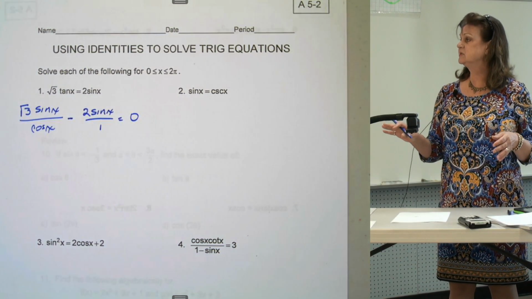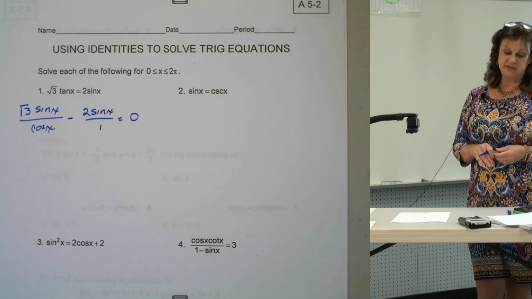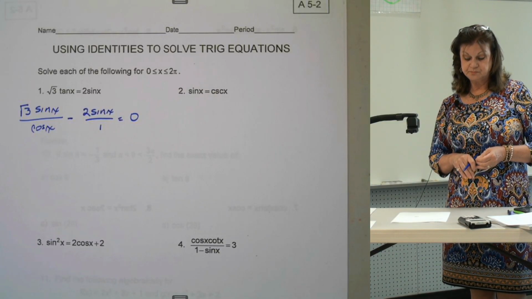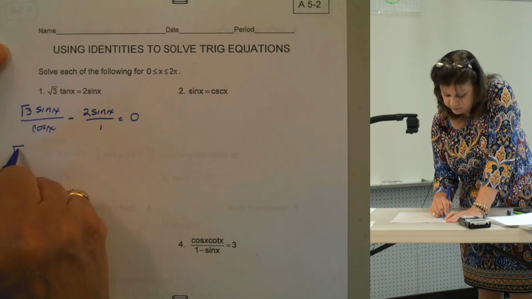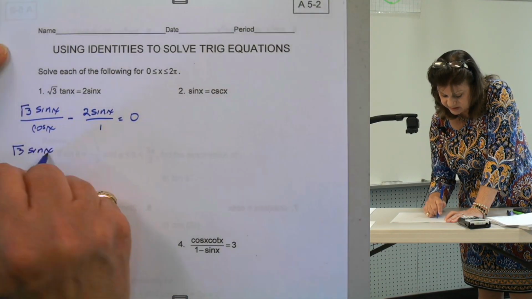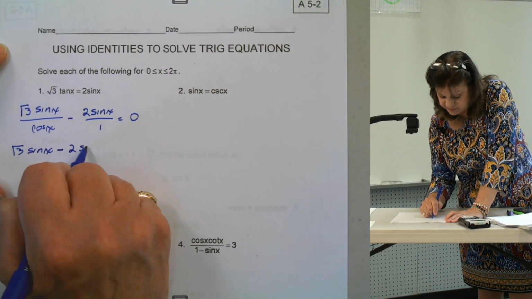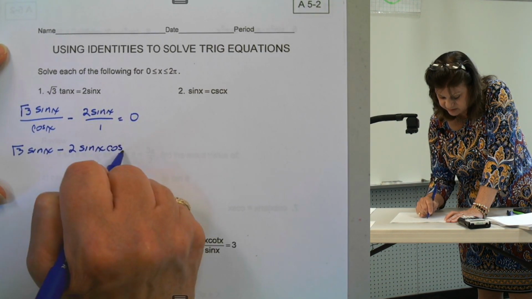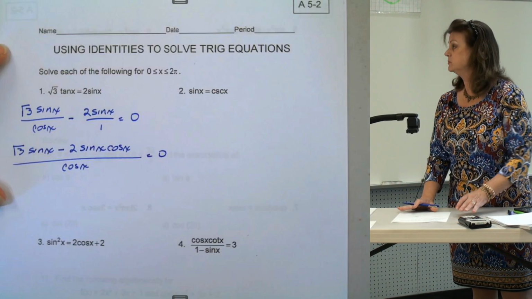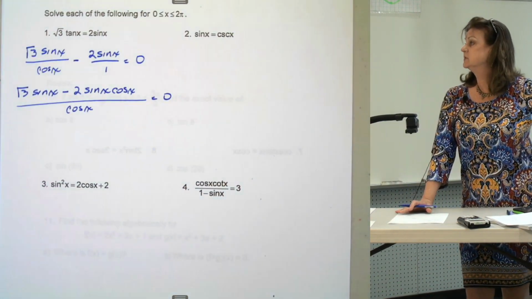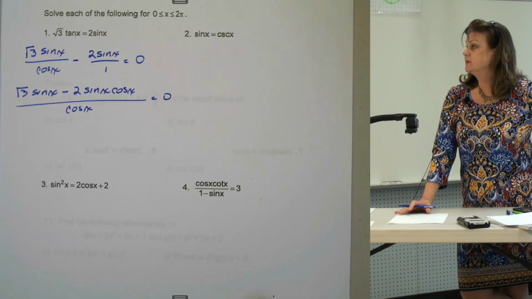I moved the sine to the left, and I changed the identity of tangent. And now, right to left, left to right, we've got root 3 sine x minus 2 sine cosine over cosine is 0.